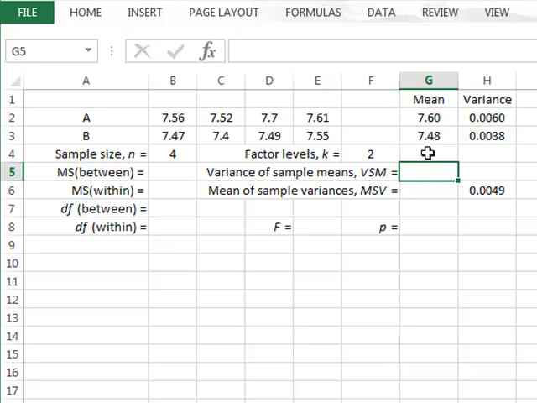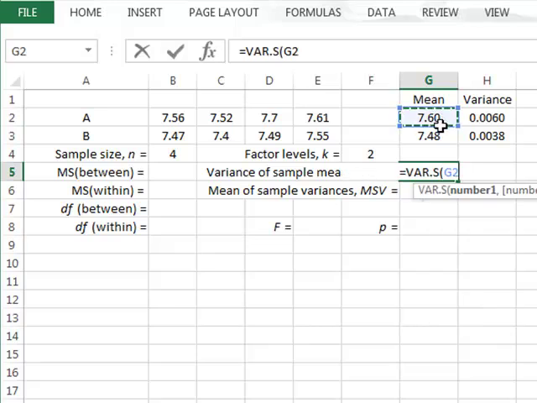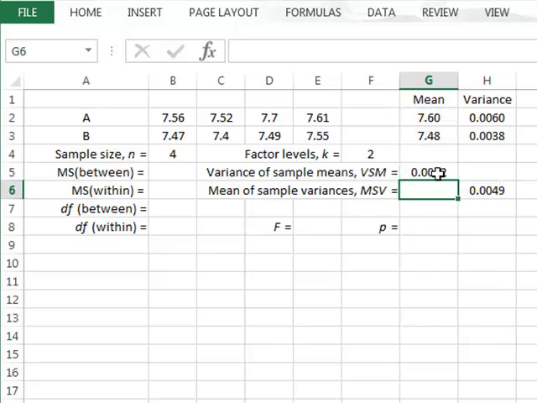And now in G5 we can calculate the variance of these sample means, VSM, by taking the sample variance of these two values, and this will include the variation due to the factor difference between the two rivers, but it will also include the random uncertainties in the measurements.